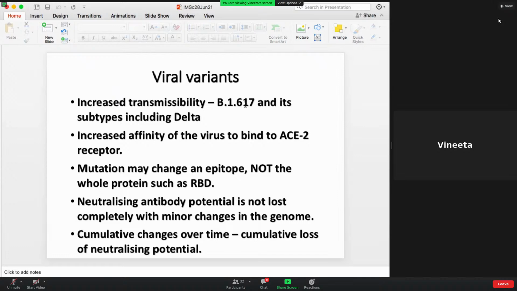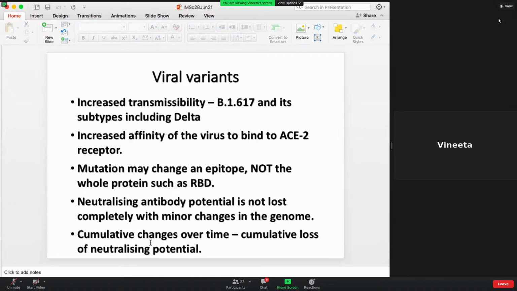Hence the total neutralizing capability of the serum of somebody who's vaccinated, or who was infected and has recovered, will change. The point that I'm saying is that neutralizing antibody potential is not lost completely with a minor change in the viral genome.